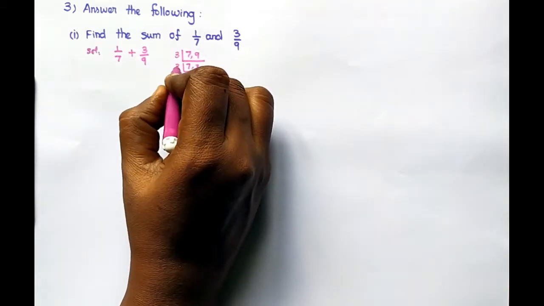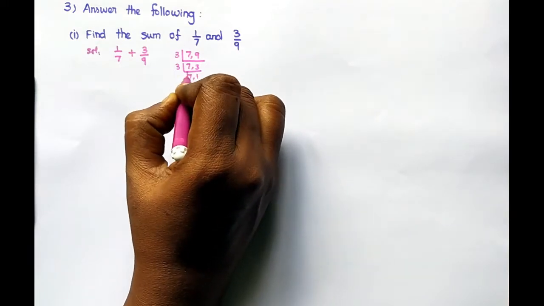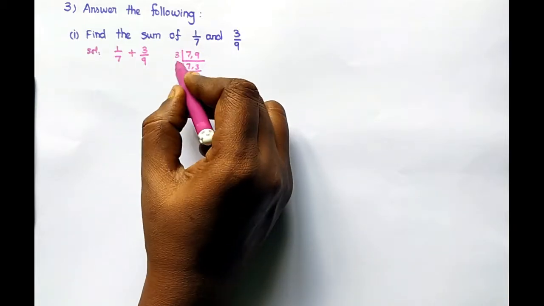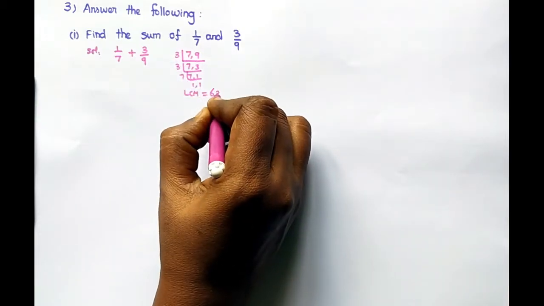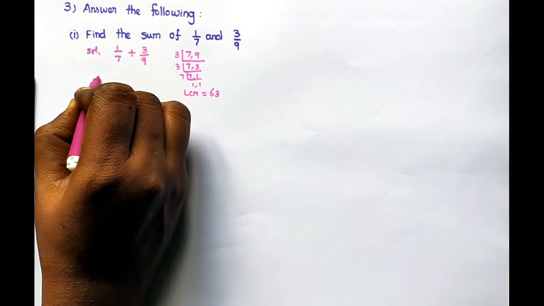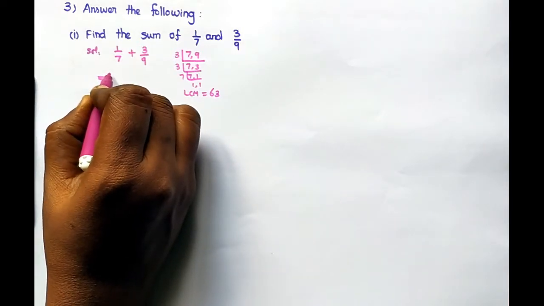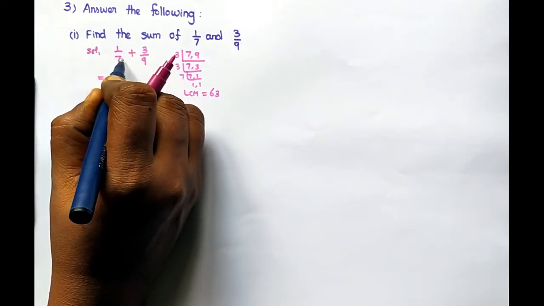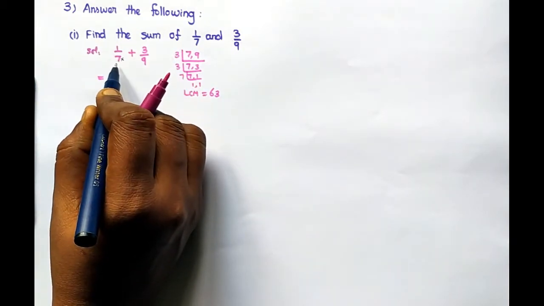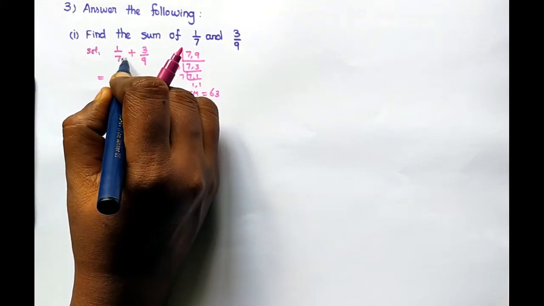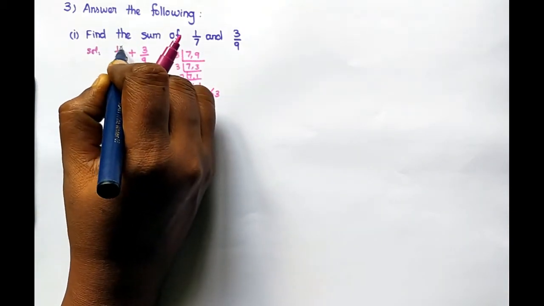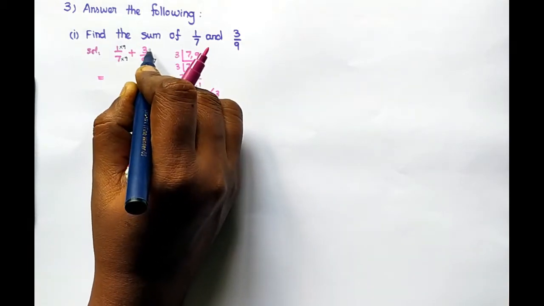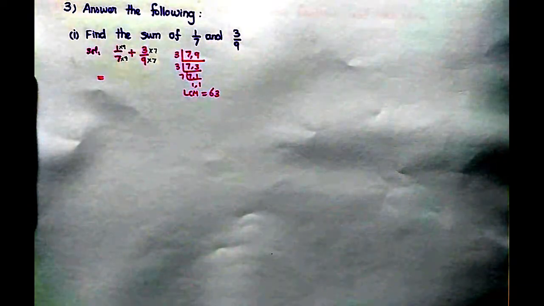Three threes are 9, against third table and 7 table. So LCM equal to 3 threes are 9, 9 sevens are 63. So next step, 1 by 7. What number do we have to multiply with 7 to get 63, that is 9. Here also multiply with 9, and here 7 9s are 63, here also multiply with 7.